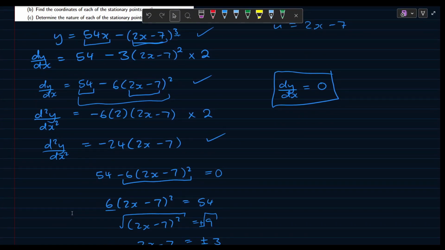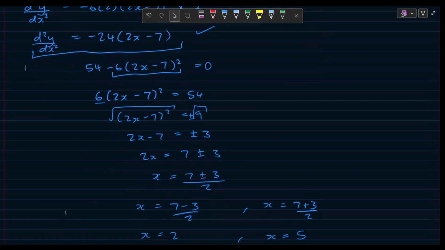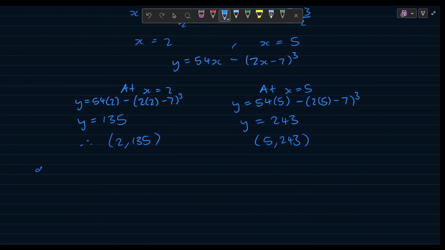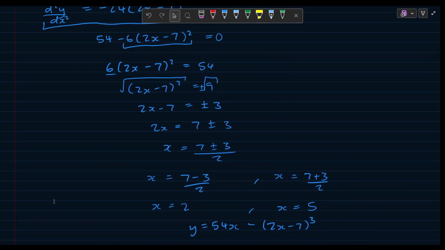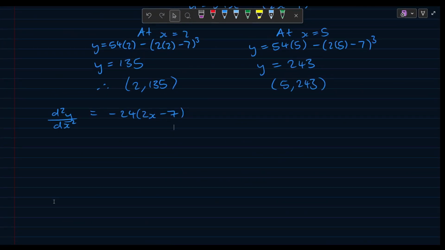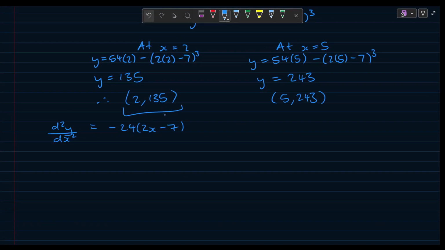To determine the nature of our stationary points, we use our second derivative. So we're just going to rewrite our second derivative here. d²y/dx² is equal to negative 24 times (2x minus 7). Let's just check to make sure that's correct. Yes. Alright, so at this stationary point x is equal to 2, so let's substitute x with 2 in our second derivative. Negative 24 times (2 times 2 minus 7).